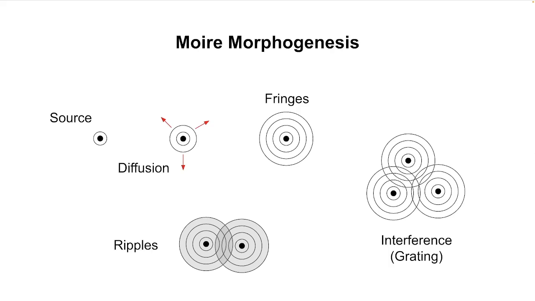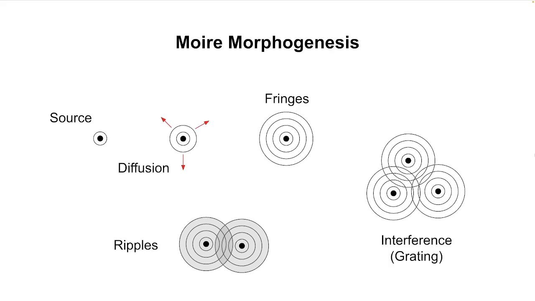But in this case, we have diffusion going in all directions equally at an equal rate, and so those diffusion patterns form fringes, which are the set of concentric circles. So imagine in each one of these concentric circles, you have this gradient or this concentration of the diffusive substance. From these fringes, we then get these gratings. So say we have multiple sources in space, and there's diffusion happening from each of these sources, and fringes are being formed.